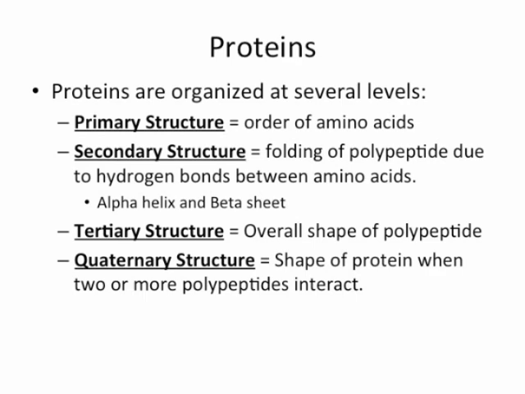The secondary structure, and I'm going to show you pictures of these on the next slide. Secondary structure is how that polypeptide folds due to hydrogen bonds between amino acids. So just like I was showing you here, hydrogen bonds form between polar amino acids, causing that polypeptide to fold. And you're going to see that there's two main ways that proteins fold.